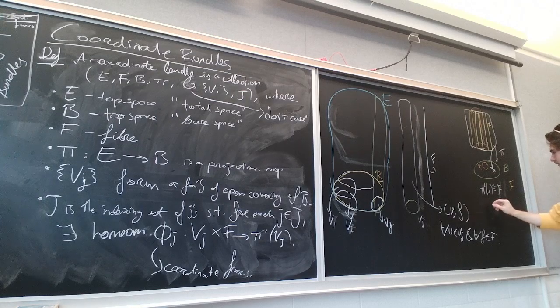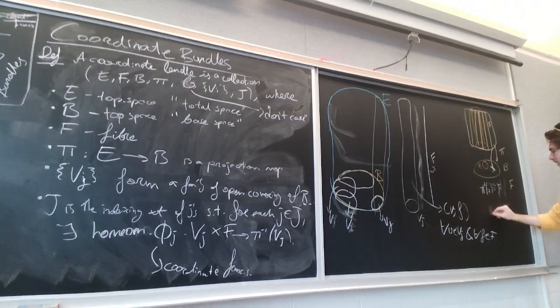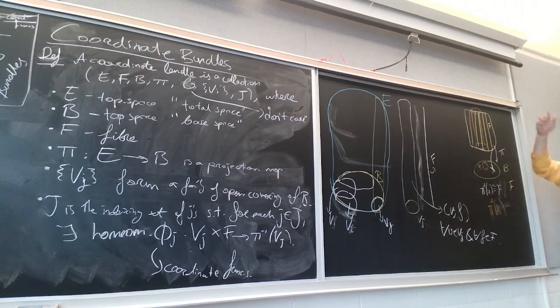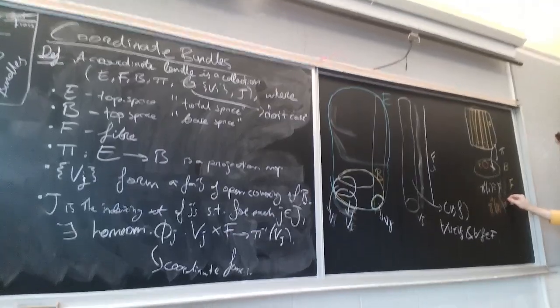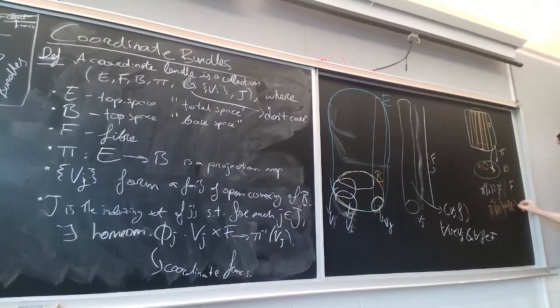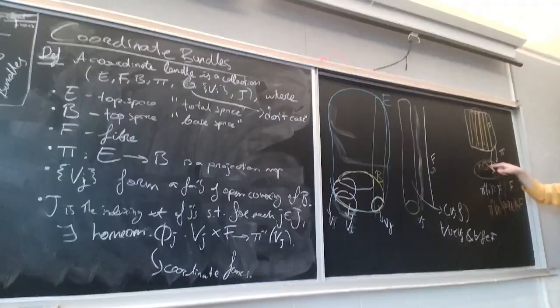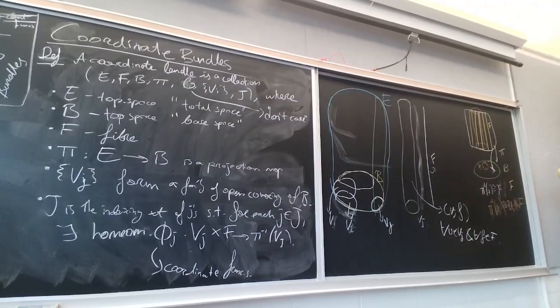So locally, if I look at the pre-image of U_i, the stuff that's glued to some open set U_i, then it will look like U_i cross F. Locally, it looks literally like I have these points of B, and I glue these fibers at every single point. But globally, that might not be the case, and then I think you'll have an example.